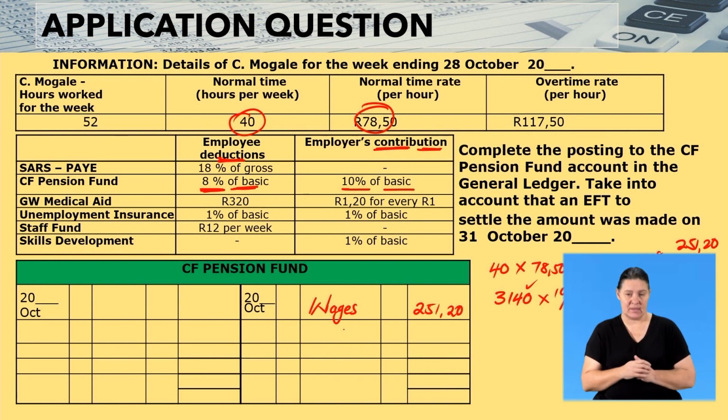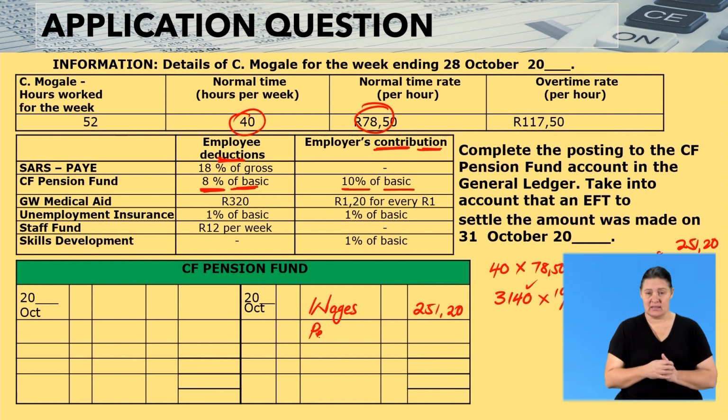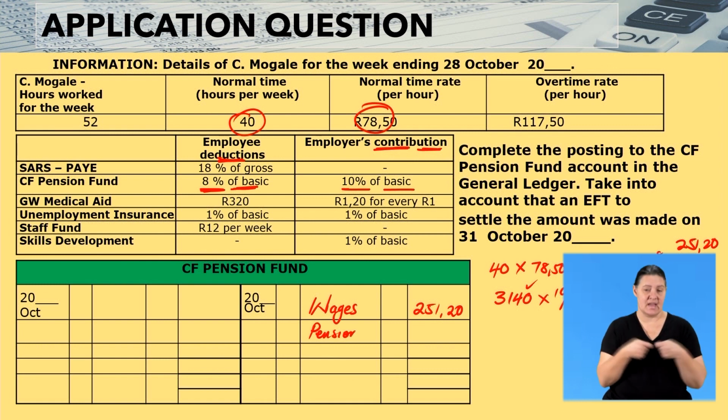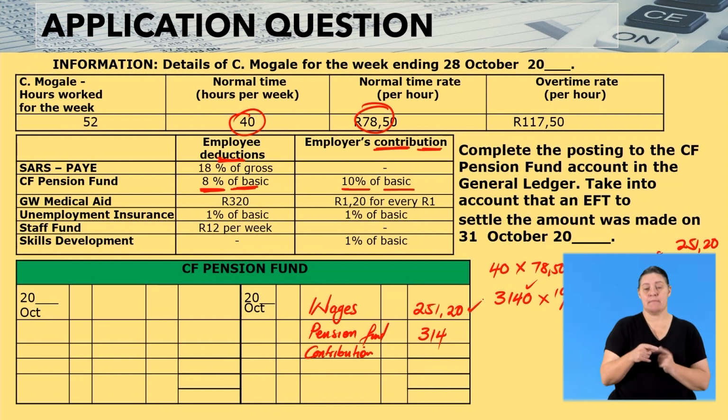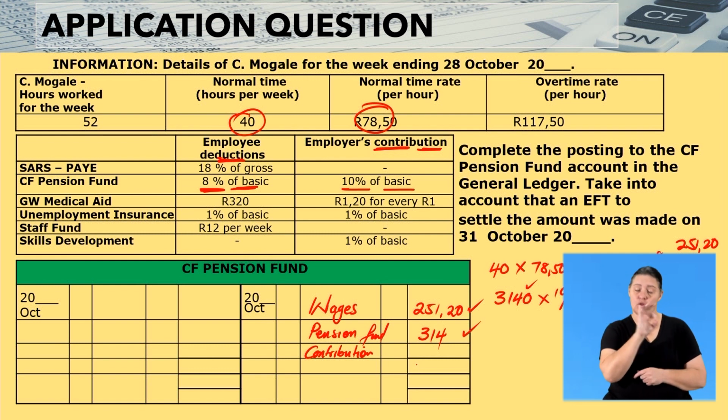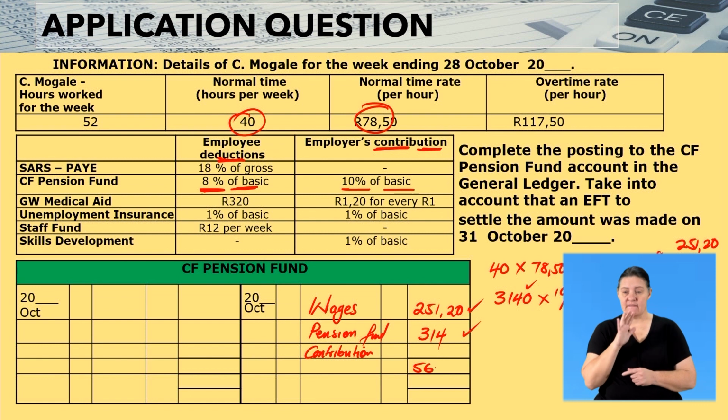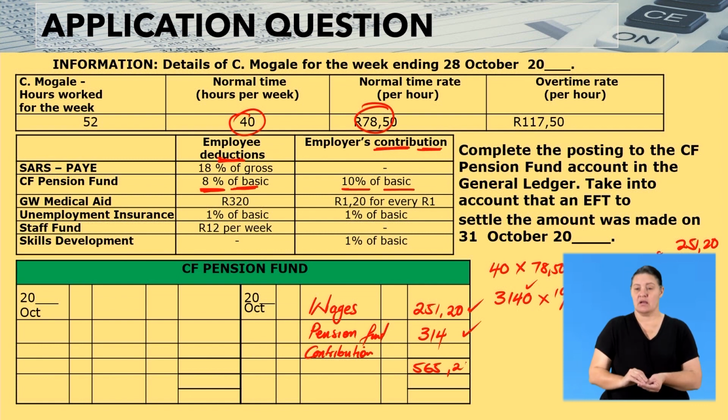I'll then come here and say pension fund contribution, and the pension fund contribution becomes 314. If I'm to totalize, I'll now add my 251 and 20 plus 314. That should give me 565 Rands and 20.